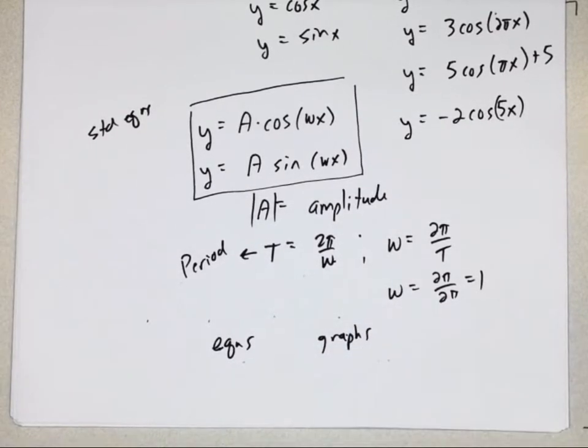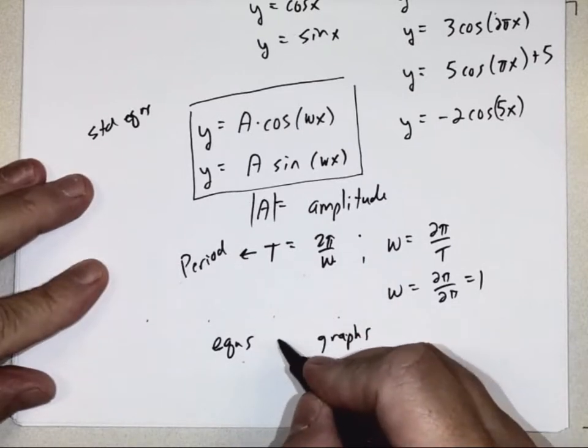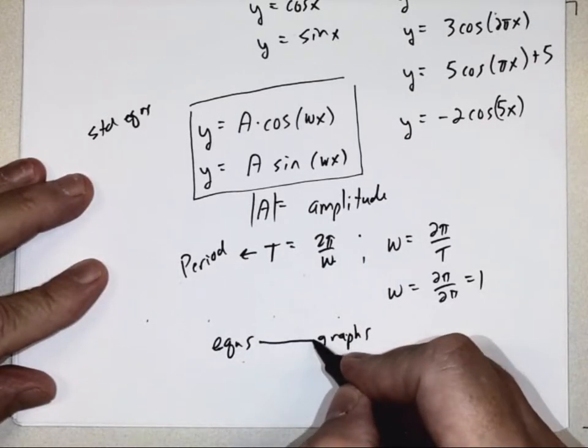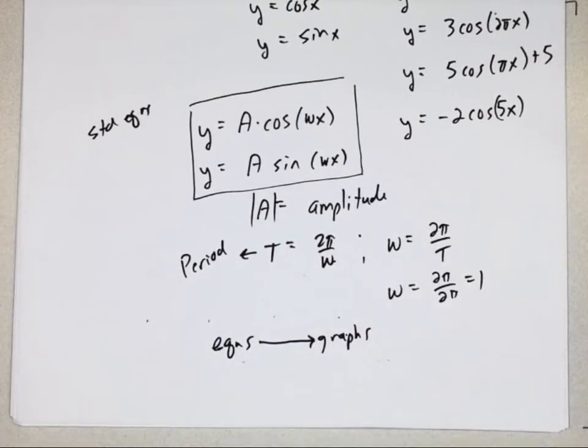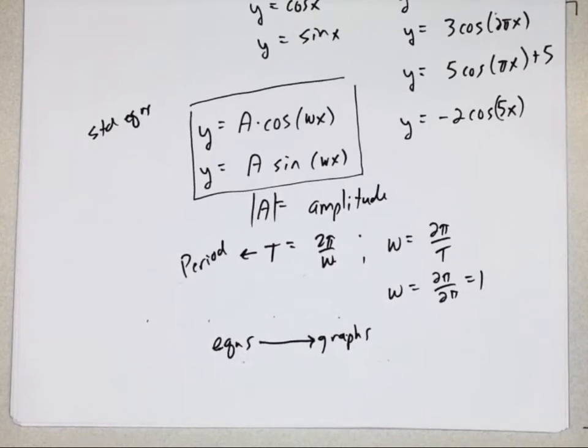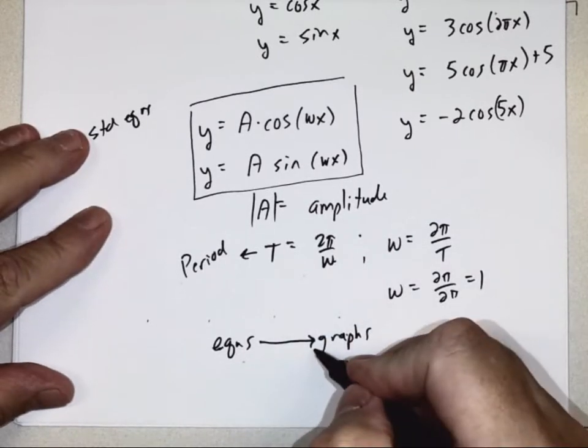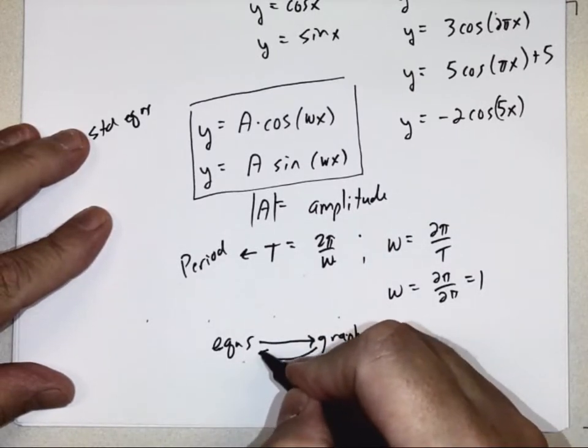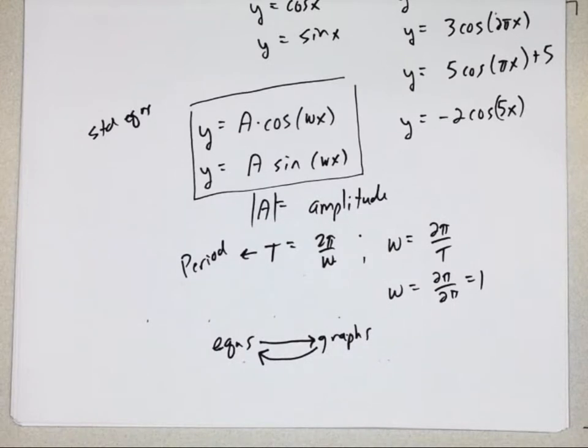So now we're going to take some time. We're going to first look at some equations, and based upon the equation, we're going to figure out the graph. But then after that, we're going to look at some graphs, and from the graph, we're going to try and write the equation for that graph.